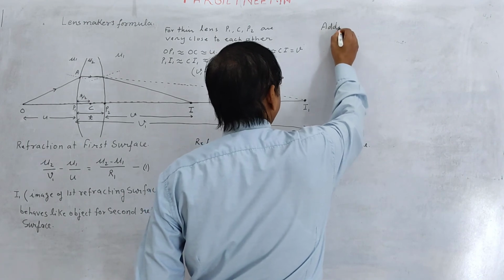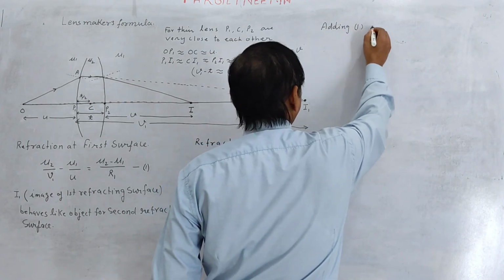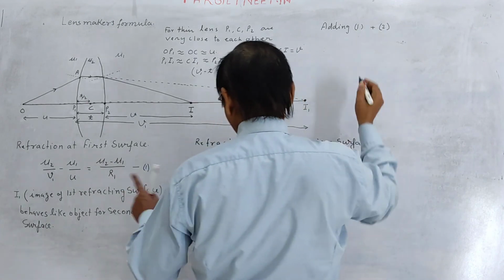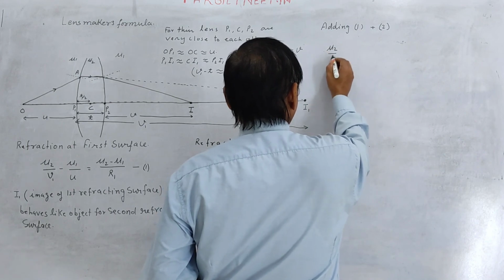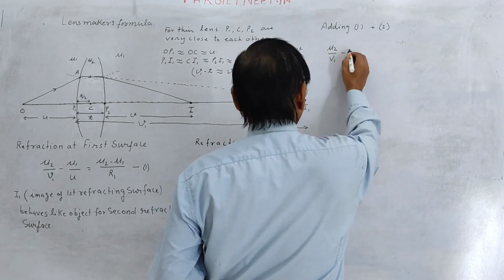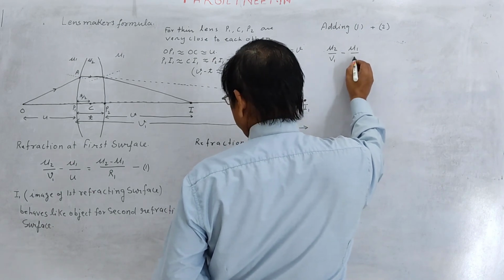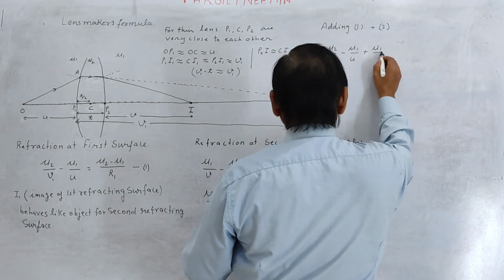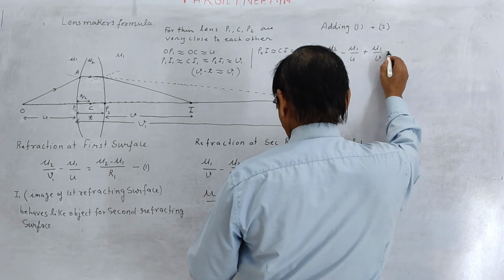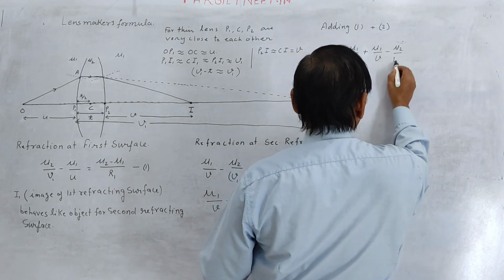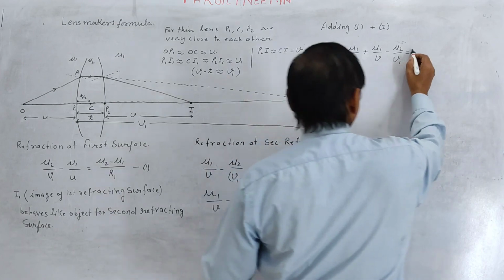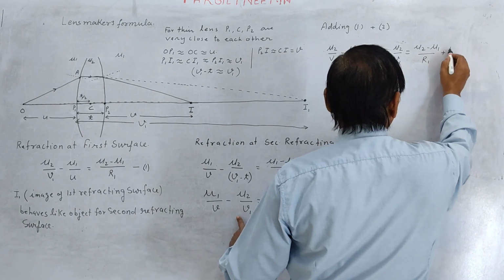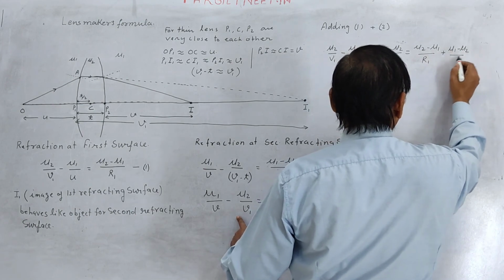Adding equation 1 and 2: mu2 upon V1 minus mu1 upon U plus mu1 upon V minus mu2 upon V1 is equal to mu2 minus mu1 upon R1 plus mu1 minus mu2 upon R2.